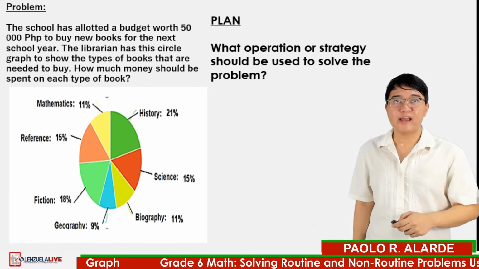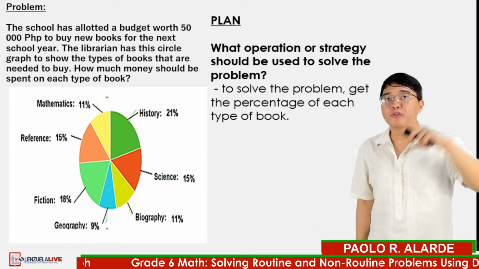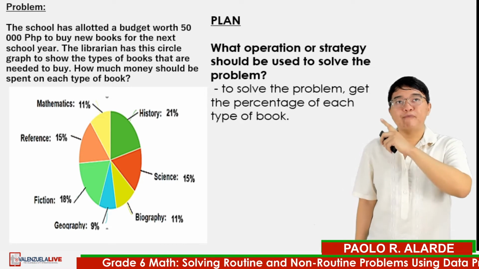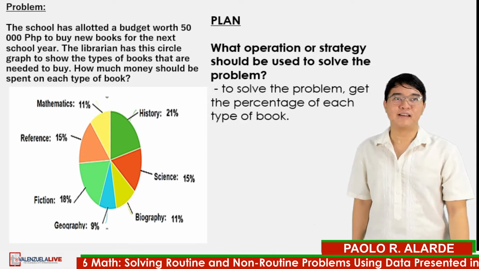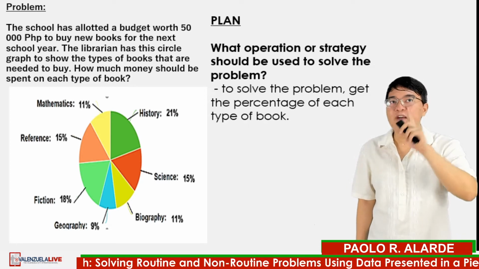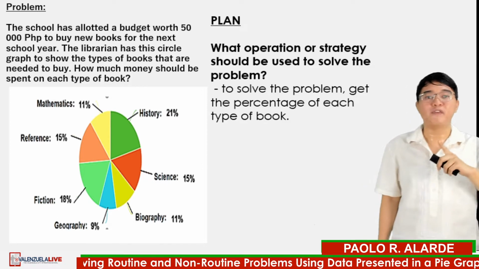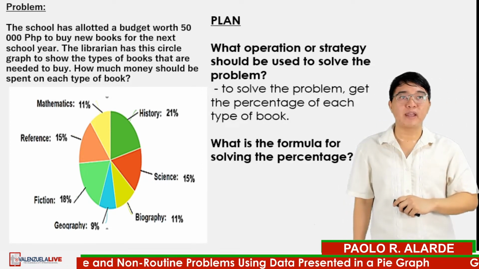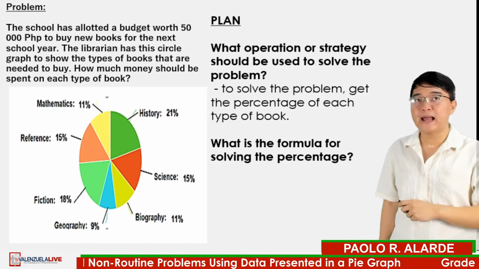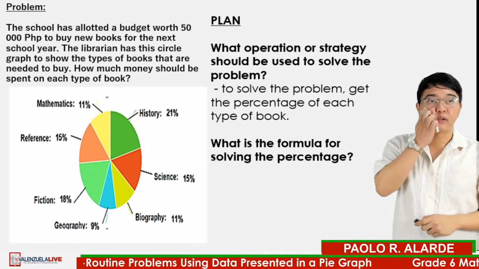So what is the strategy? To solve the problem, we have to get the percentage of each type of book. Now, how are we going to get the percentage, or what is the formula for solving the percentage?